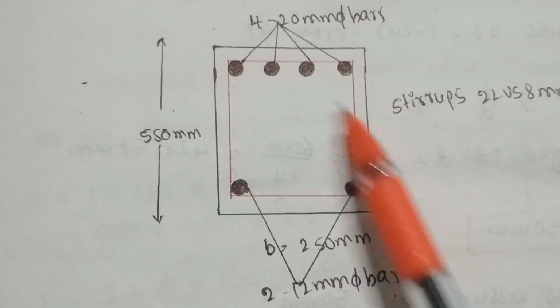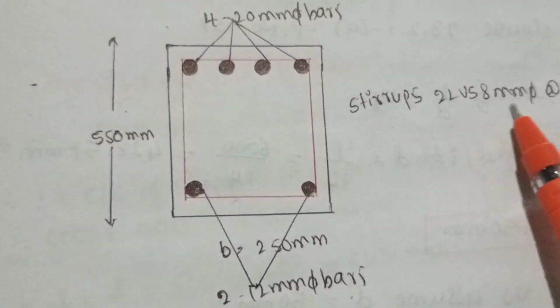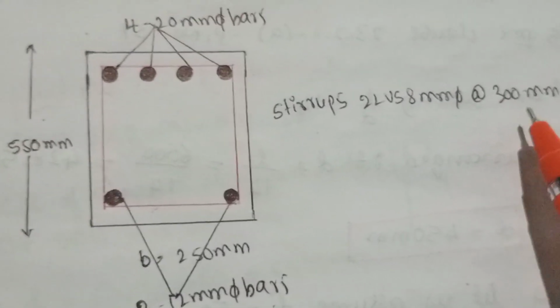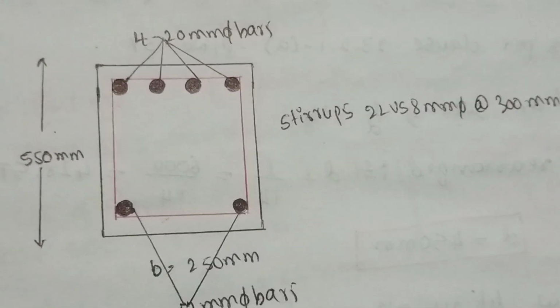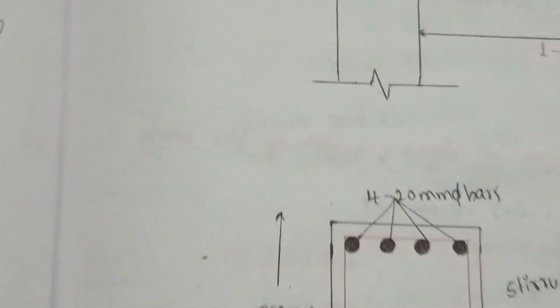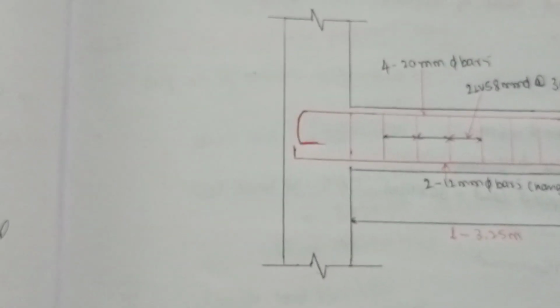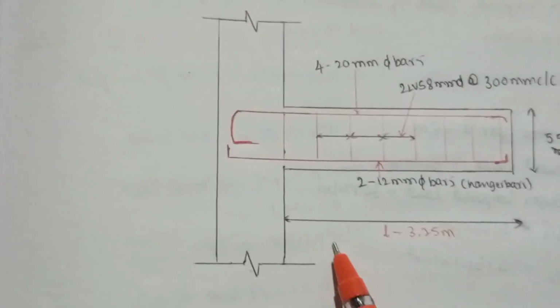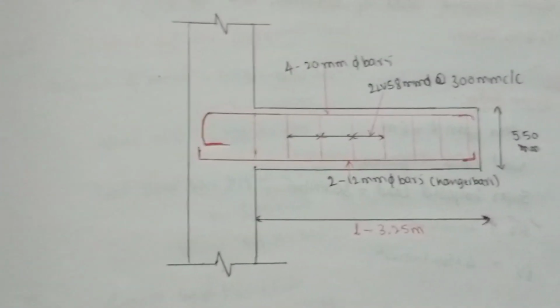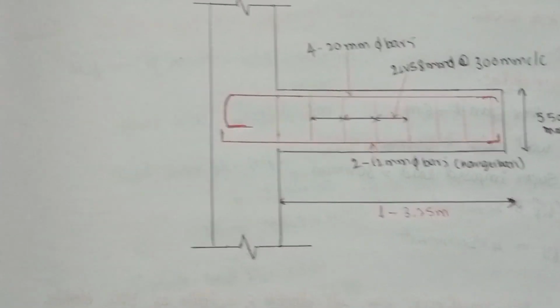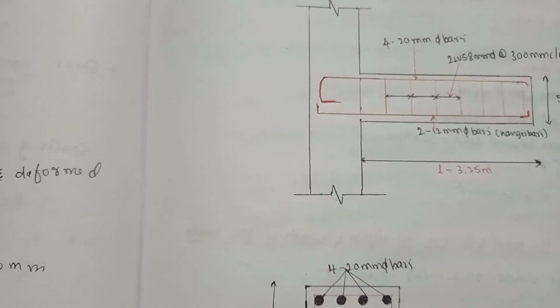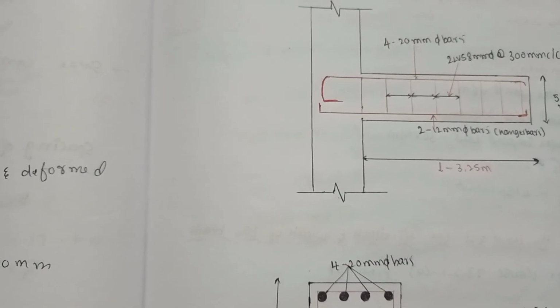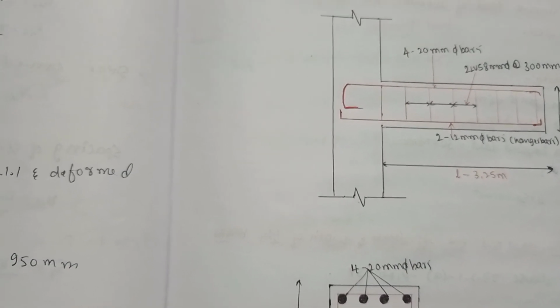So these are the stirrups, 2-legged vertical stirrups of 8 mm diameter bars at 300 mm center to center distance. This is how we show the reinforcement details after the design. So I have shown the step by step process of design of cantilever beam.